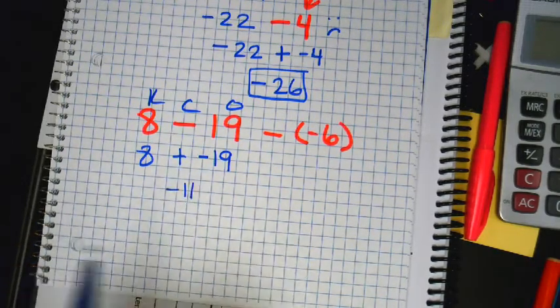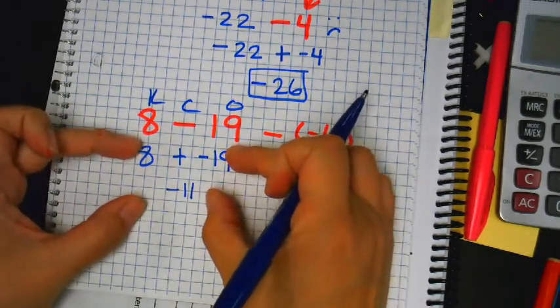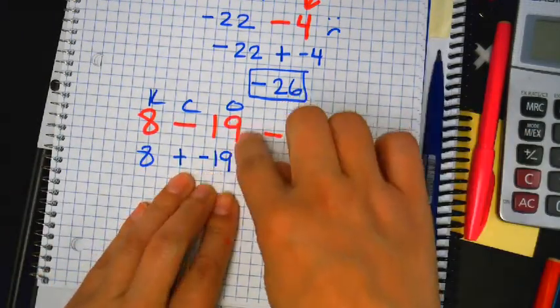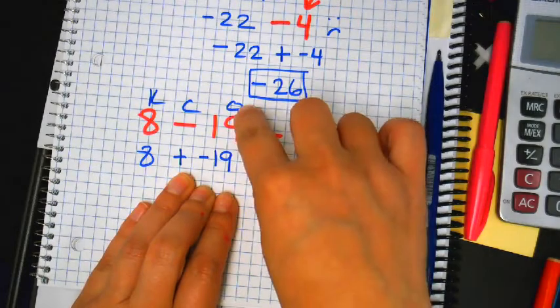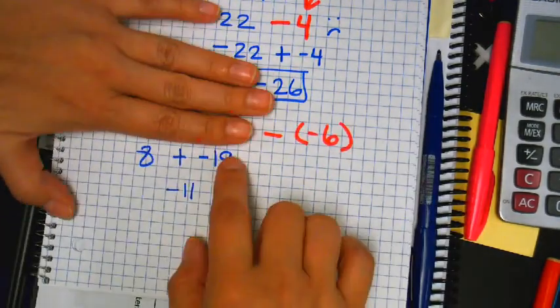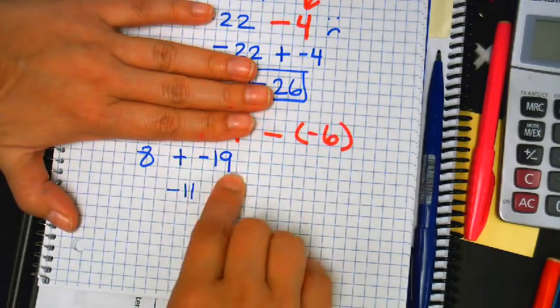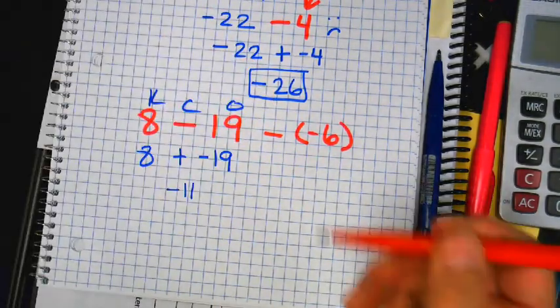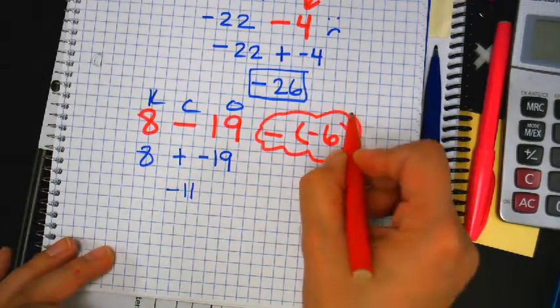This part right here, this is 6th grade. From here, keep, change, opposite, that's 7th grade. So this part is 7th grade. This part is 6th grade. Okay, so we're just adding one layer to it. Then we're going to bring this part down.